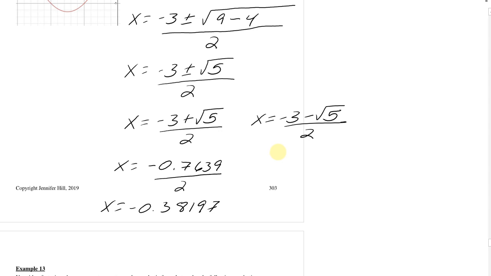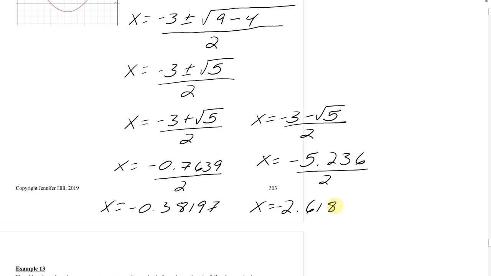So now let's do the other one. So for this other one, if I do -3 minus the square root of 5, I get that the top part will be -5.236, and then I need to divide all that by 2. So if I divide that by 2, I get x equals -2.618.